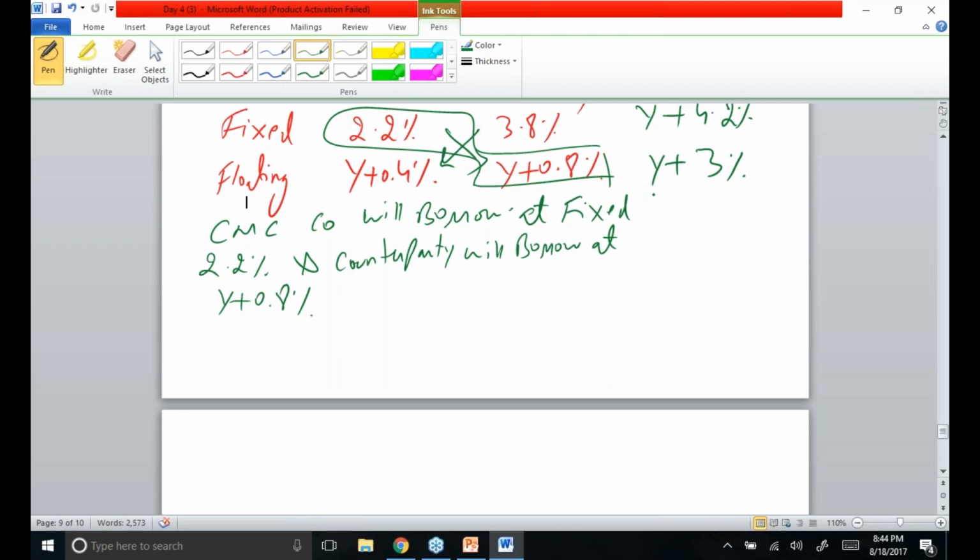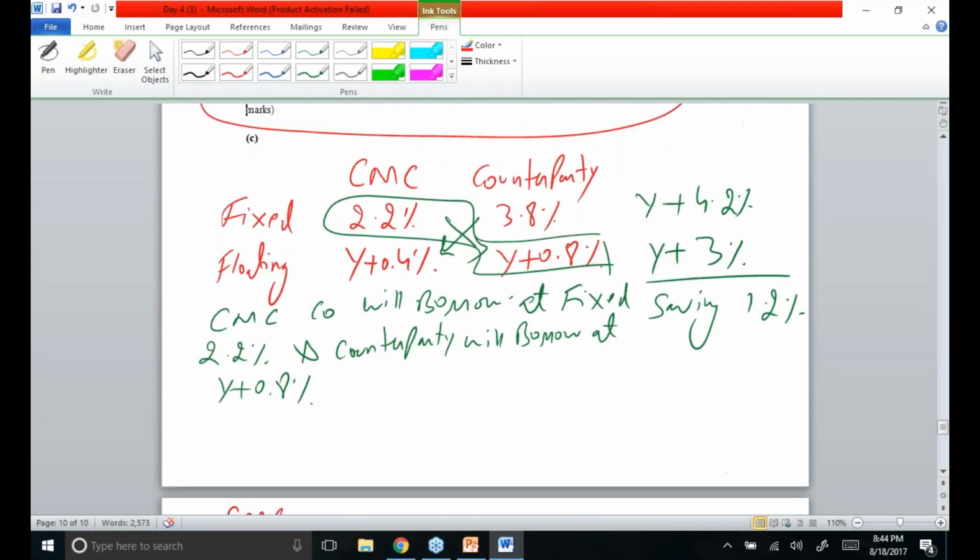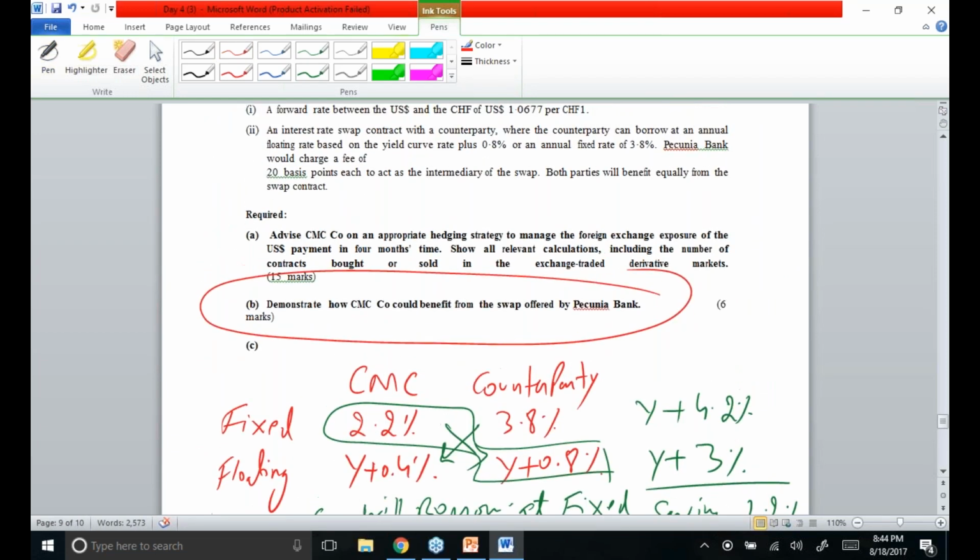Okay, that's the second. Then calculate the saving. That is 1.2%. Okay, now the next step is to distribute the saving between CMC company and the counterparty. What is the arrangement? Both parties will get equal benefit and 20 basis points is a fee from each party.